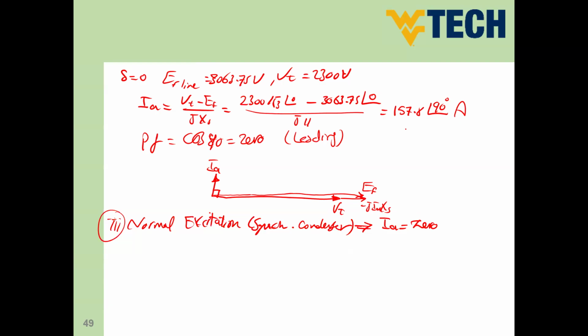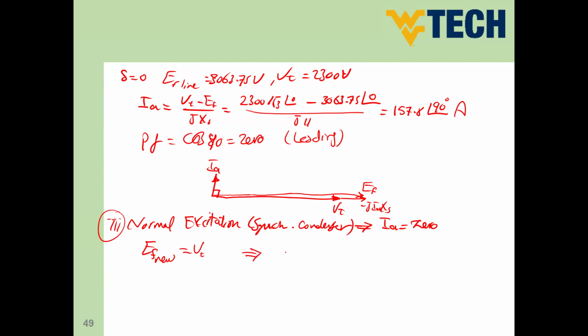What is the new excitation volt? Since the current is 0, we can say EF new is going to be the same as V terminal. So you have the old value of the EF here, and the new value is the same as V terminal.